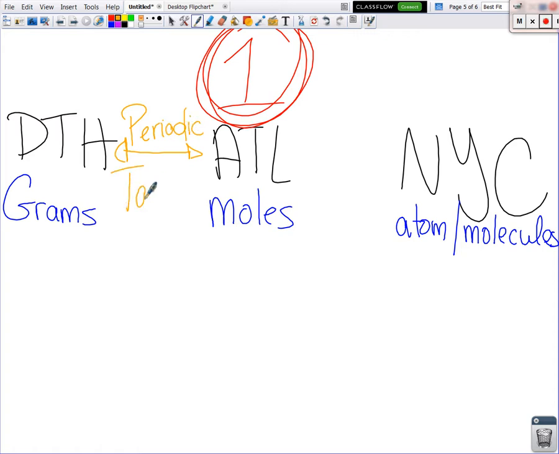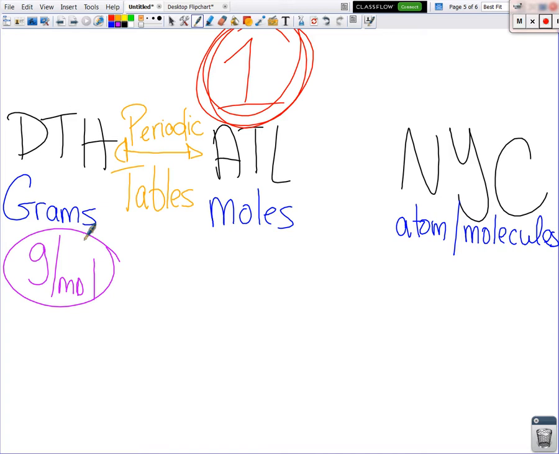Now, one of the things we talked about in the video was, and I want to make sure that everybody caught this, there's a unit for the molar mass on the periodic table. What was the unit for the molar mass on the periodic table? Grams per what? Mole. Very good. And this is going to come into play in just a little bit. We'll come back to this.